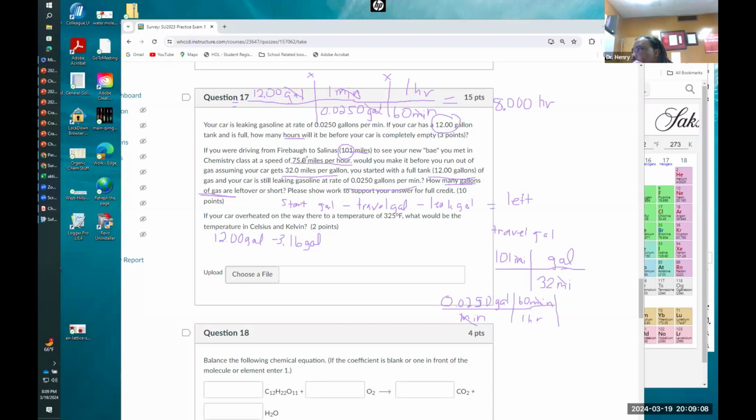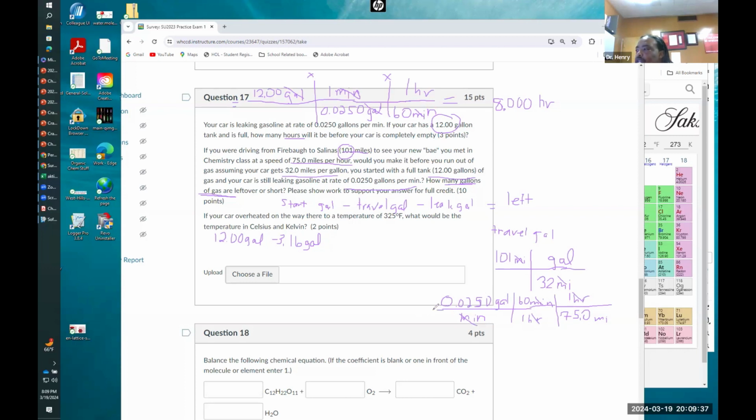And then you're saying to use the 75.0 miles on the bottom and 1 hour on top. So that gets rid of hours, and we end up with gallons per mile.